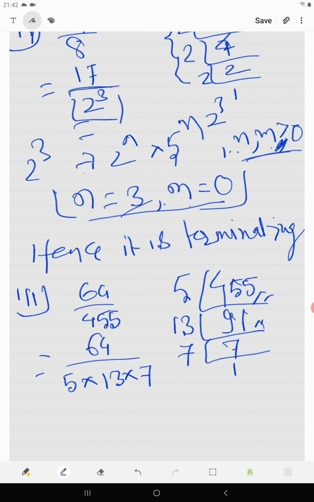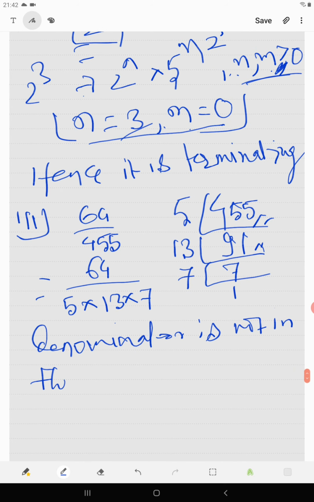Now, here the denominator is not in the form of 2 to the power n into 5 to the power m. Why did I say it is not in the form? Because you see over here there are 13 and 7. So it should only have factors of 2 and 5, 2 to the power n into 5 to the power m.